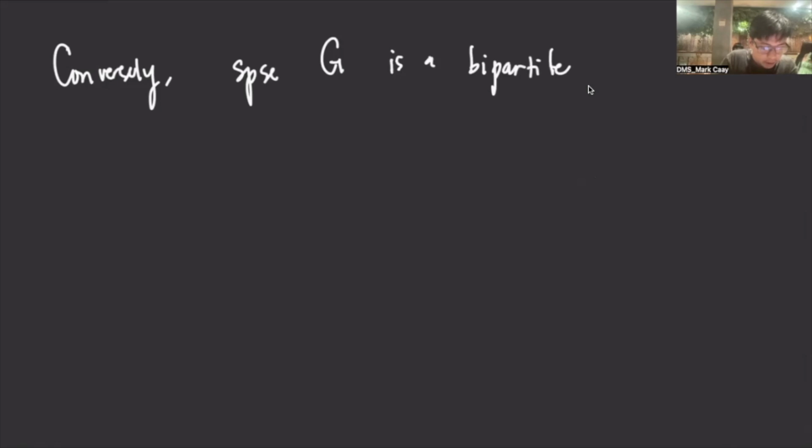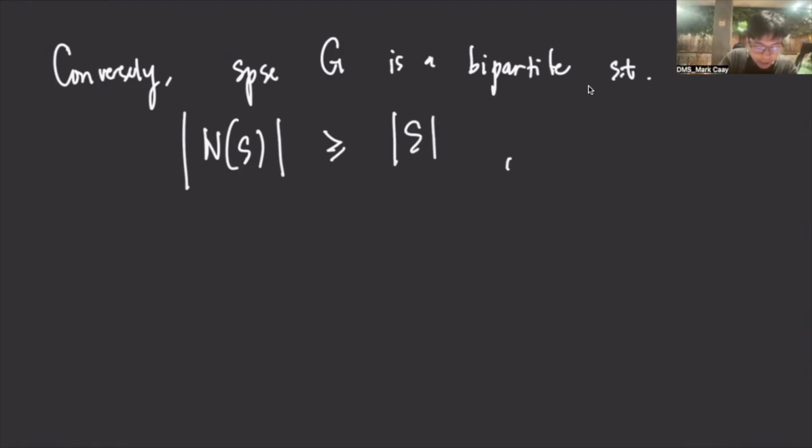Conversely, suppose G is a bipartite graph, and being bipartite, this satisfies that the cardinality of N of S, the neighbors of S, ang cardinality niya is greater than or equal to the cardinality of S. This is for all S, subset ni X. Okay.